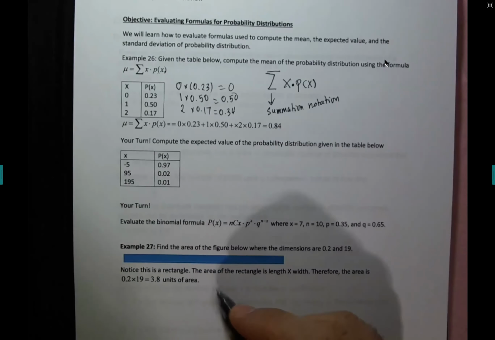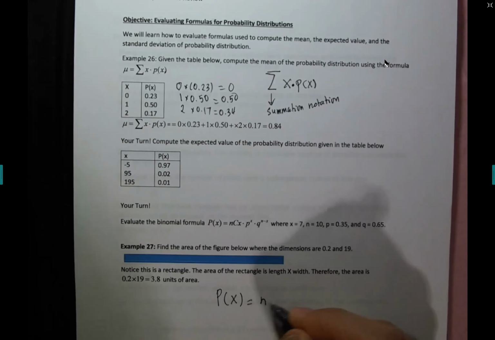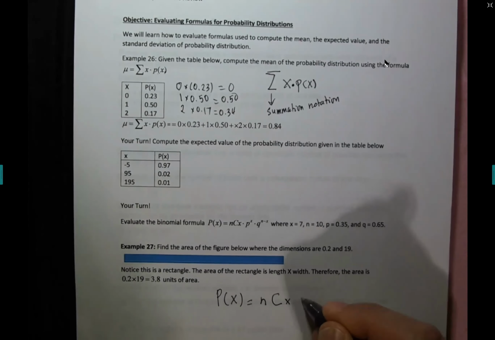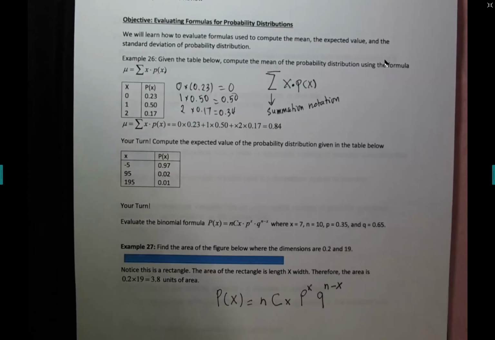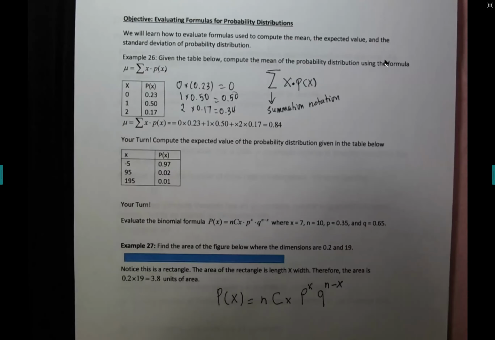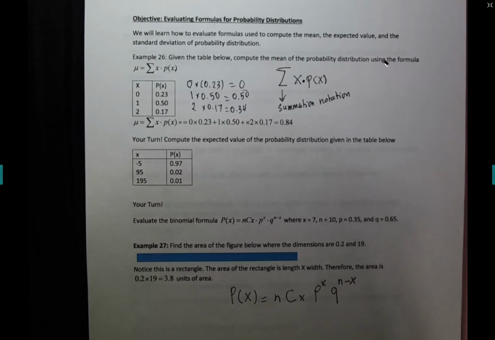Let's say, guys, I give you this formula here. I'll explain it. You don't need to know what the formula means yet. But I want to show you how to use the calculator. You have this formula, and I'm going to give you all the values. Okay.